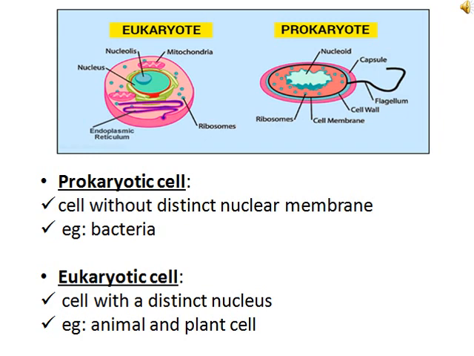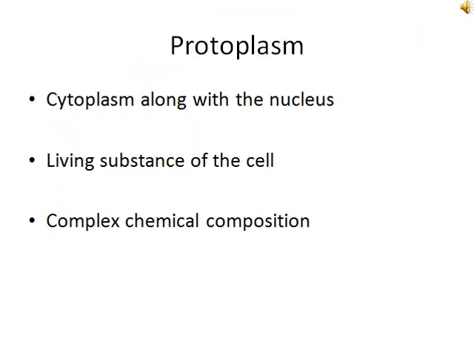The cytoplasm along with the nucleus of the cell is called the protoplasm. It is the living substance of the cell. It has a very complex chemical composition. It is very difficult to identify the chemical composition of the protoplasm. It contains a large number of mineral elements. It remains alive only within the cell membrane.